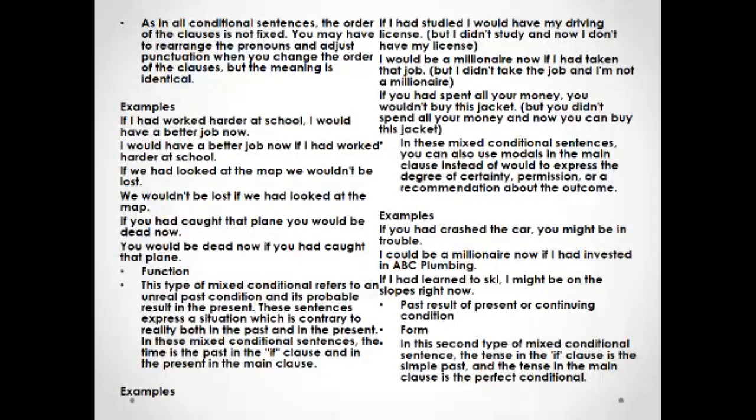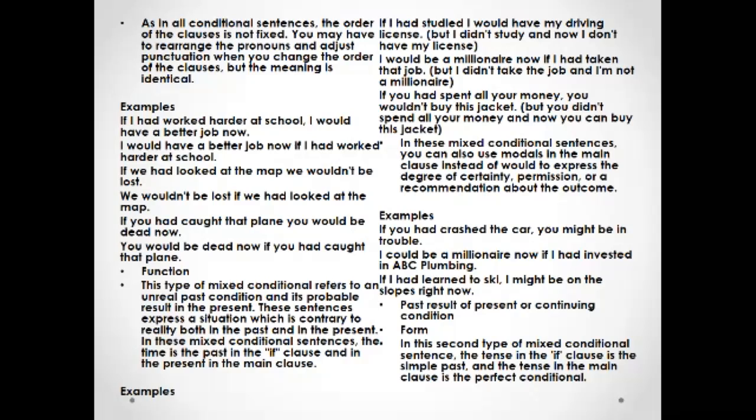If I had studied, I would have my driving license. But I didn't study and now I don't have my license. I would be a millionaire now if I had taken the job, but I didn't take the job and I'm not a millionaire. If you had spent all your money, you wouldn't buy this jacket, but you didn't spend all your money and now you can buy this jacket.